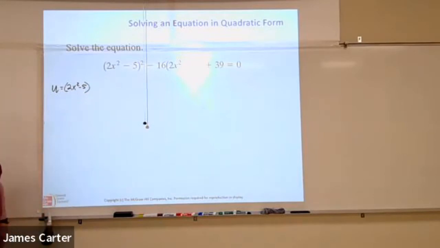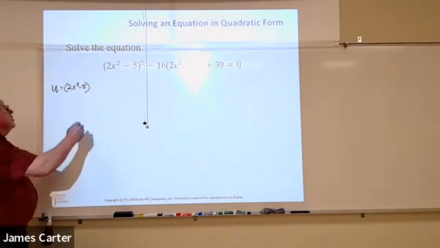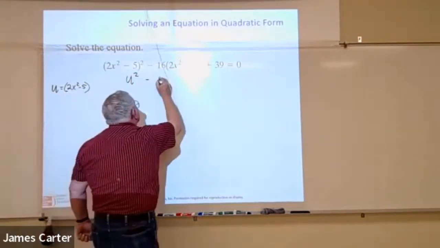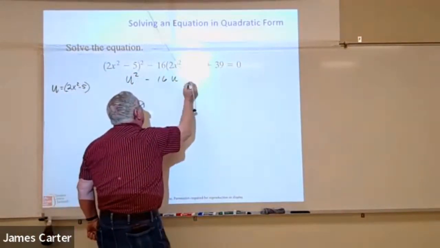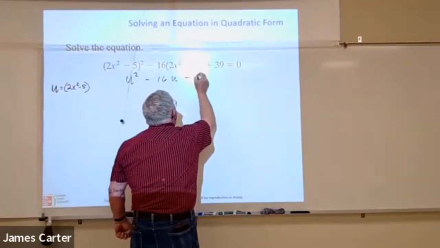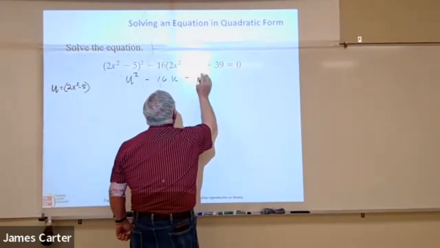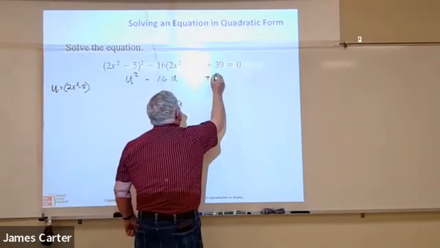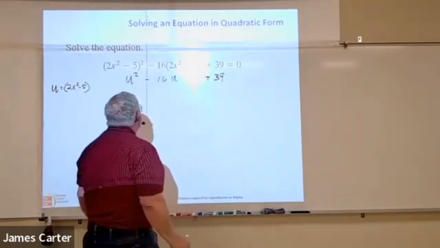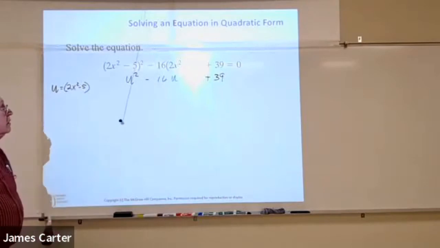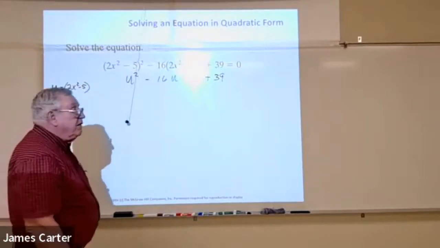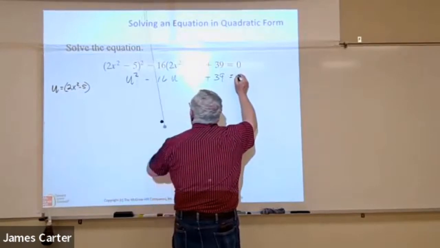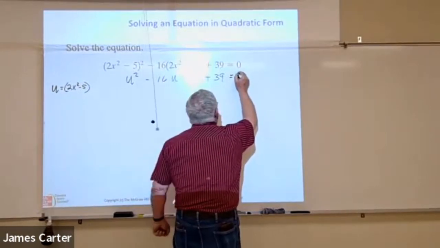Okay? In which case this equation will now become u squared minus 16u plus 39. Okay? Actually, it factors pretty easily because 39 is 13 times 3 and they add together to make 16.